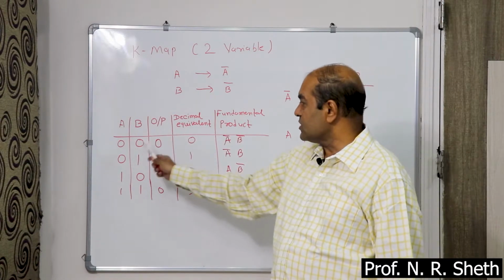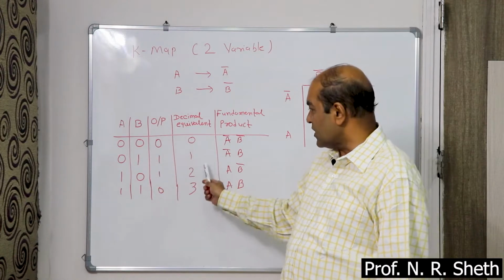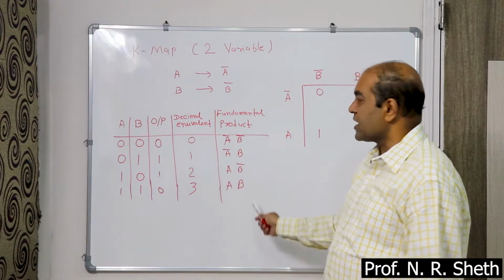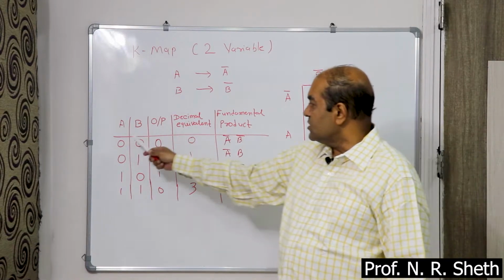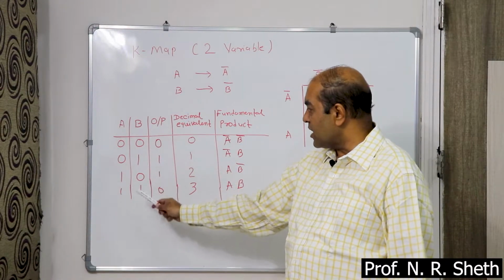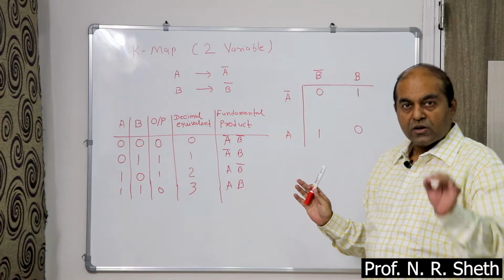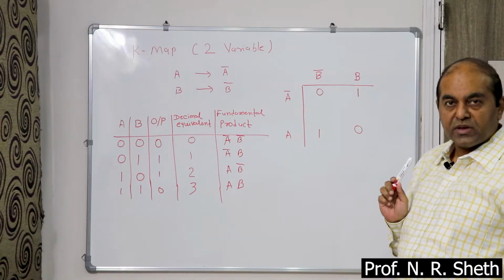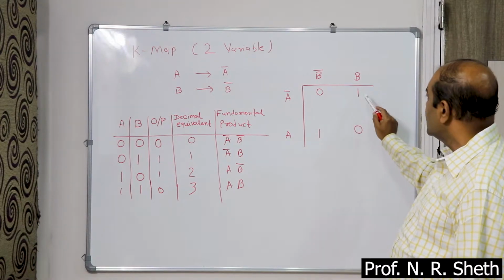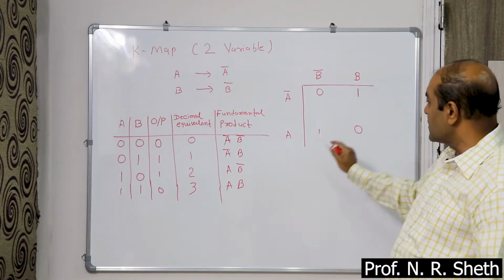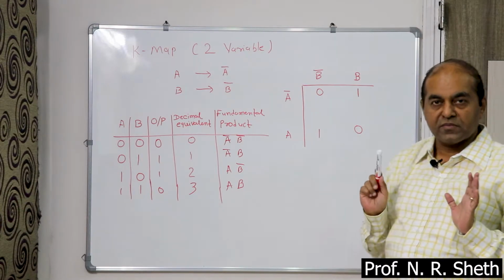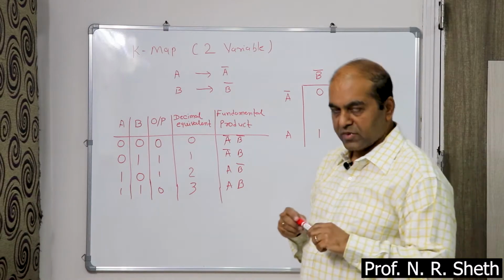Decimal equivalent: 0 0 means 0, 0 1 means 1, 1 0 means 2 and 1 1 means 3. And these are the fundamental products: 0 0 means A bar B bar, A bar B, A B bar and A B. So this is represented in this K-map in the following way. This position is A bar B bar, this one A bar B, A B bar and A B. Okay, so this is about 2 variable.